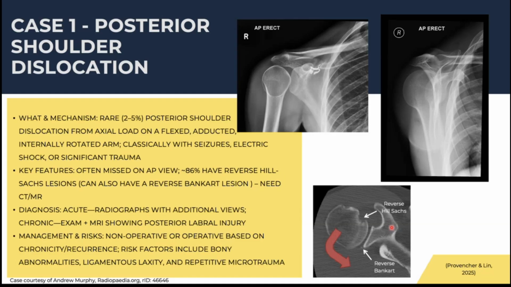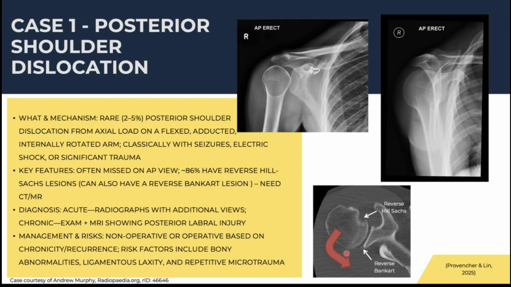So that's the coracoid there, and you can see the direction that the humeral head takes when it goes back. The humeral head, where that reverse Hill-Sachs defect is, essentially abuts the posterior glenoid, and that impaction causes the groove or the Hill-Sachs to form, and at the same time can sometimes take a bit of the bone off.